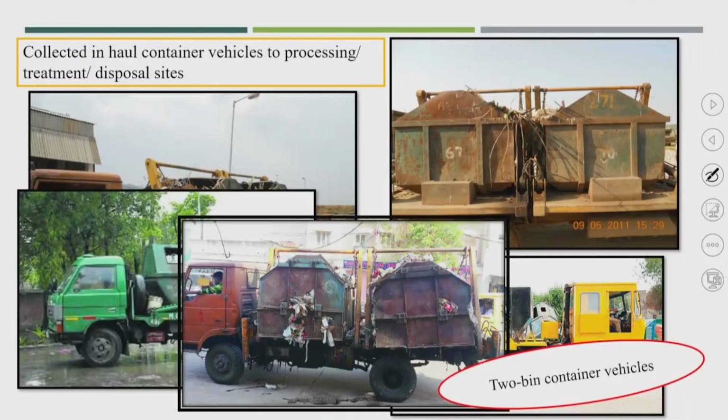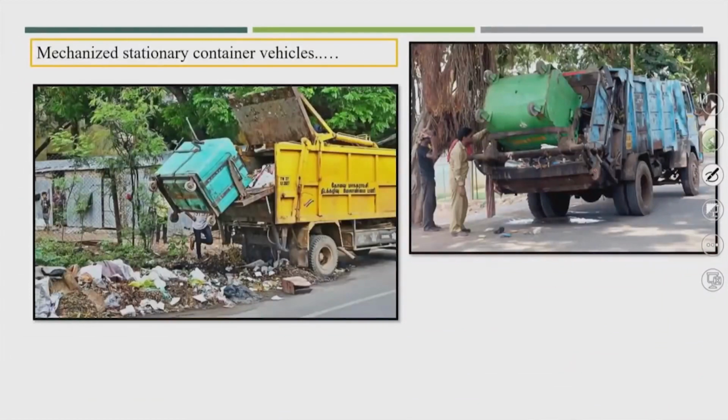Two-dustbin container vehicles were also used to increase collection efficiency. Some cities did not start the haul container system and stayed with stationary containers only, in which case the waste was emptied into the vehicle.